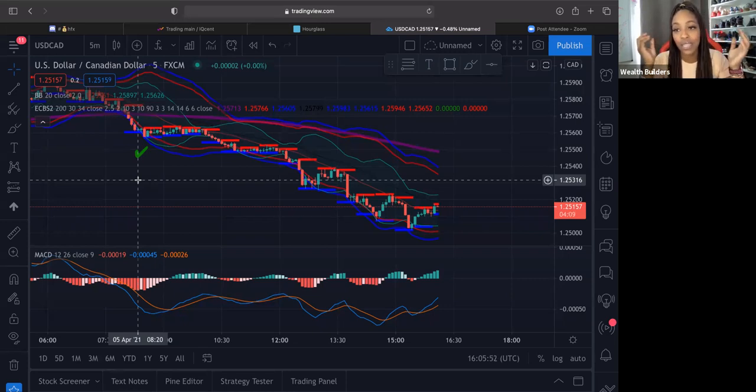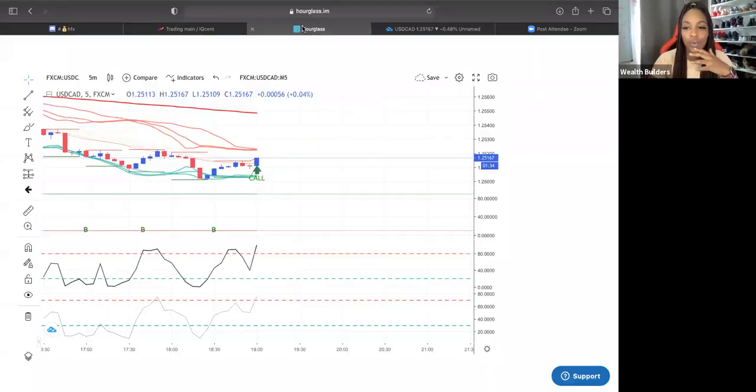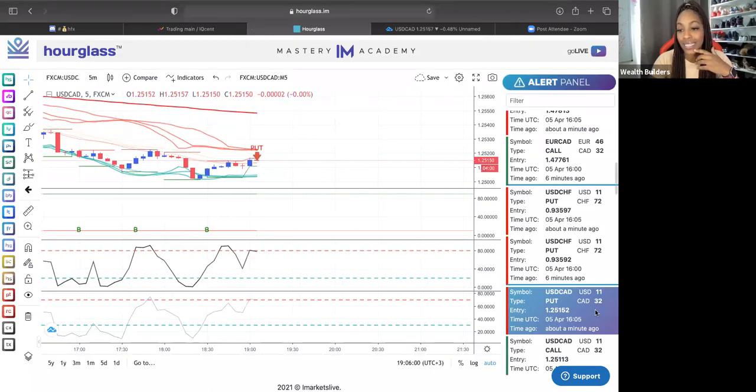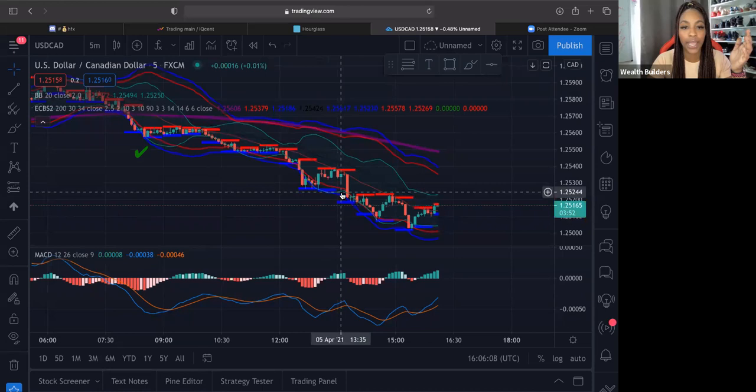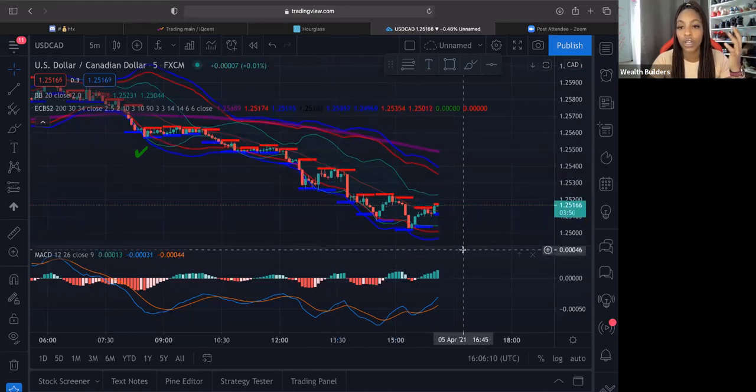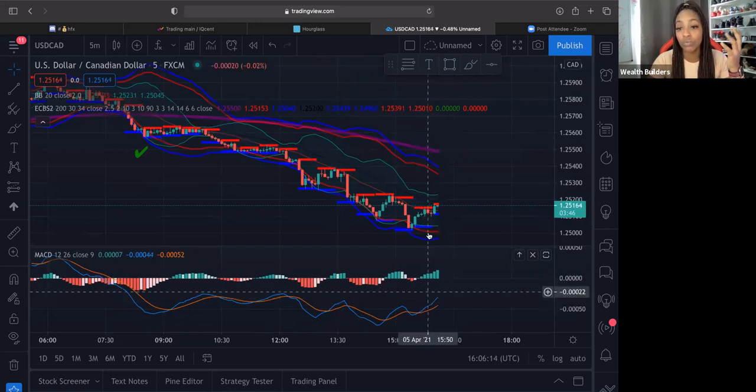It's the lines for me. It's just the support and resistance, pretty much. So USD CAD. We know that we are in a sell zone, okay? It's saying that CAD is stronger than USD. So knowing this, we are looking for a downtrend. MACD is telling us that we are in a buy zone. Cool.